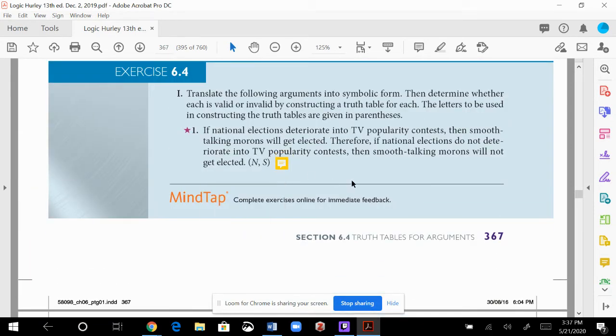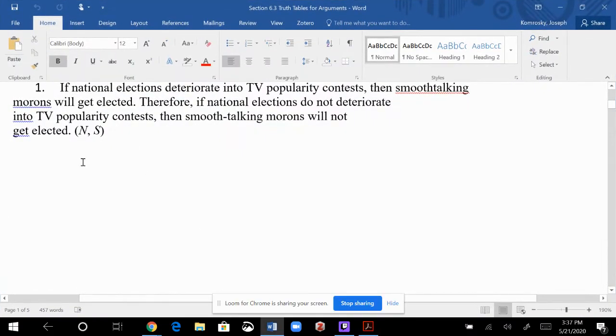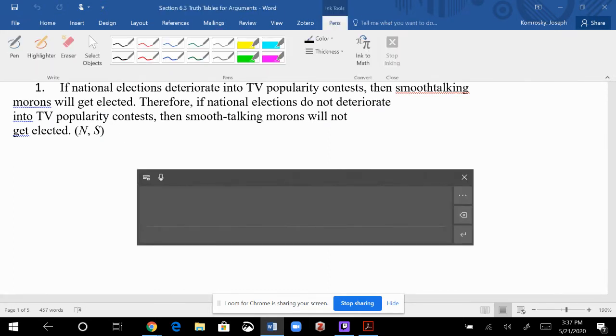He says, hey, I'm only going to give you the two letters that you can use. So we know right now it's two propositions with how many lines on the truth table? 4, correct? So we'll go straight to our translation.